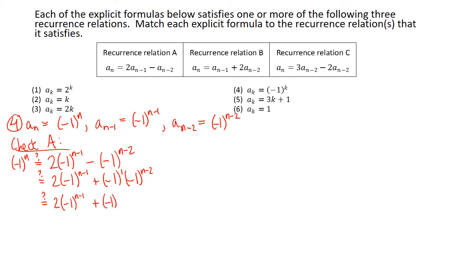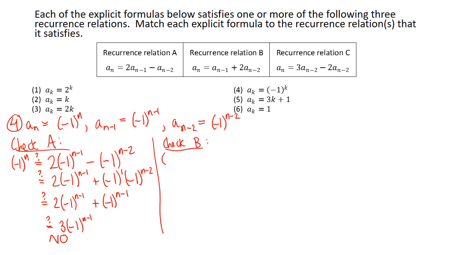So this will be -1 to the n minus 1, and then I have 2 copies of -1 to the n minus 1 plus another copy of -1 to the n minus 1, so that is actually 3 times -1 to the n minus 1, so that is not the same, so this is a no. Alright, and now let's check B.